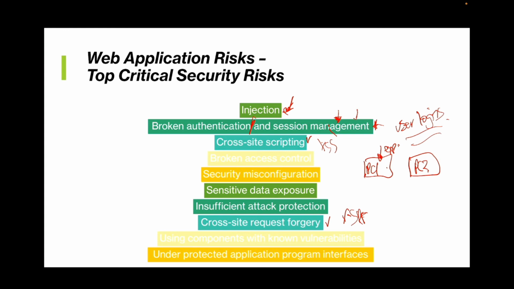That's why it's very important that sensitive data is protected and there are sufficient attack protection mechanisms and protected APIs, and make sure that the application is always updated or patched. Any questions so far?